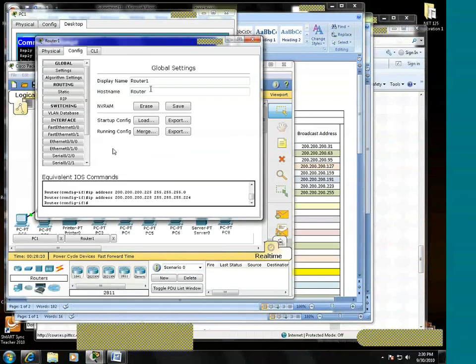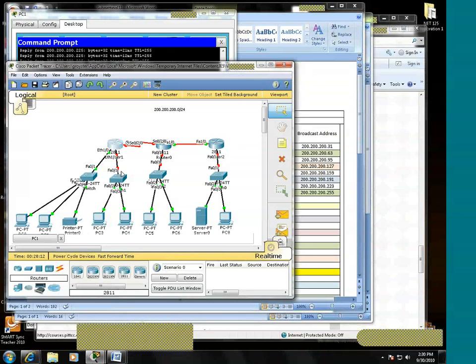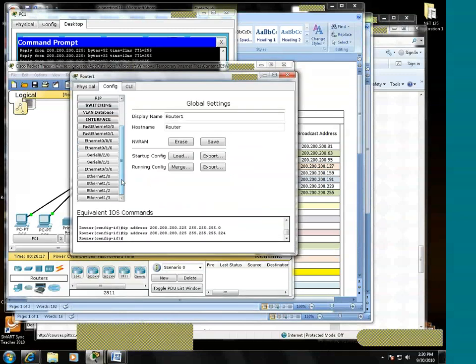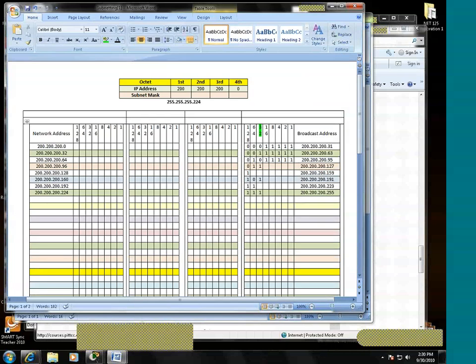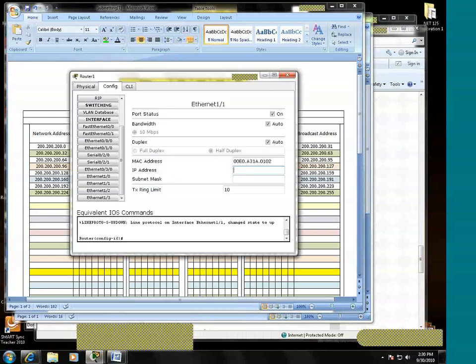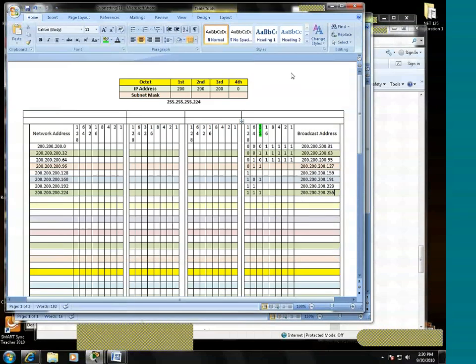Let me see what interface is associated with this network. It's E1/1. Okay, what's a good IP address? We're starting from the bottom and working up. 193. Okay, subnet mask is right.